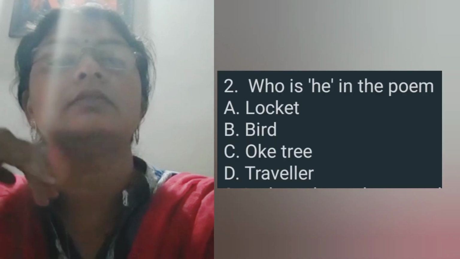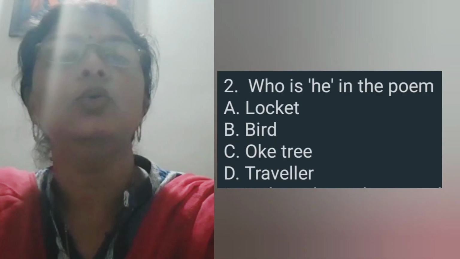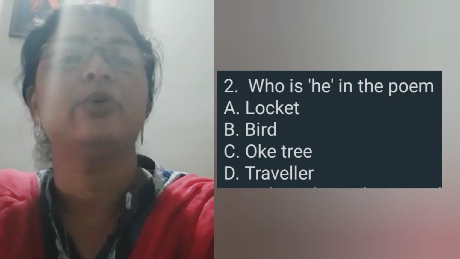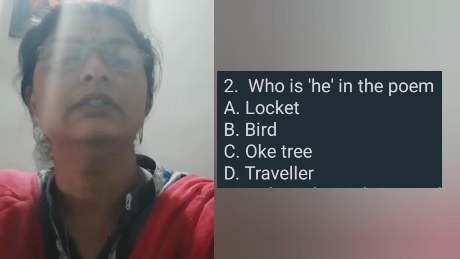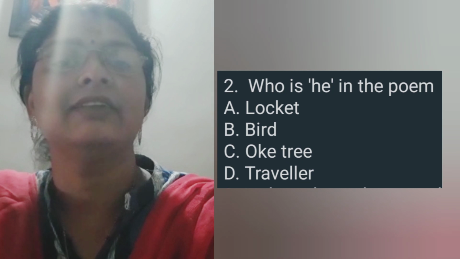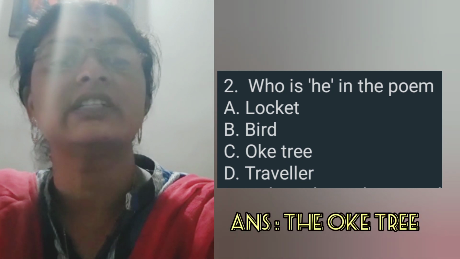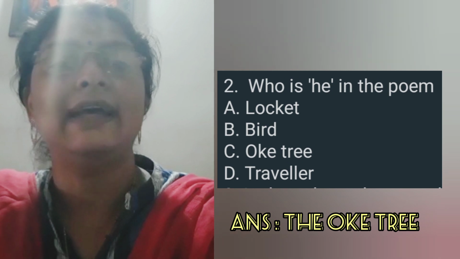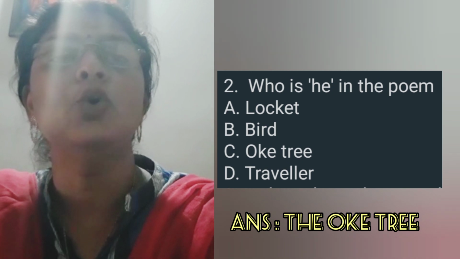Okay, so now let us go to the next question. So what is the next question? Who is he in the poem? Locket, bird, oak tree, traveler. It is very clear from the poem. It is the oak tree that is referred to as he. He loves to hold the birds.